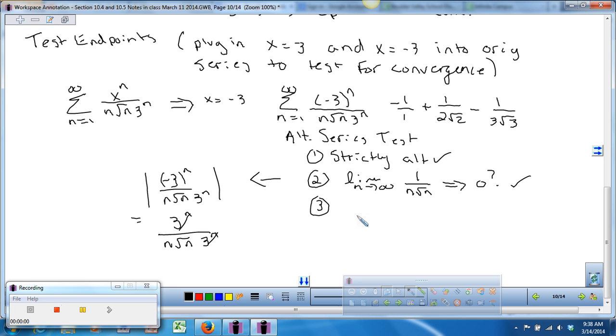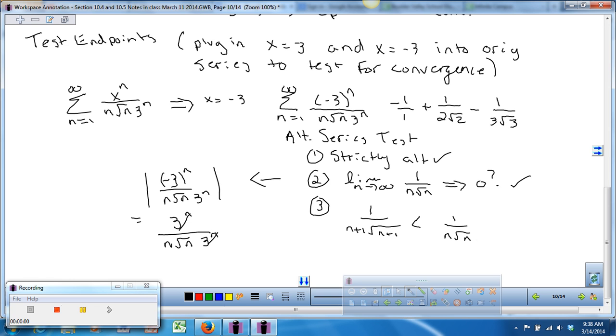So now we need to look at the n plus 1 term versus the nth term. Again, this negative 3 to the n over 3 to the n is just going to make a negative 1 or a 1. So really what we need to look at is 1 over n plus 1 root n plus 1. Is that always going to be less than 1 over n root n?